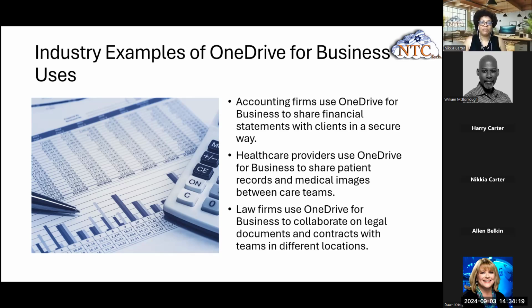So, the doctor might have those records in their specific OneDrive for Business or something that they're working on for that patient. And then when they're ready for other care teams to look at these things, they can share it from there. Law firms, they can use it to collaborate on legal documents and contracts that they may be working with, because a lot of law firms, they're big. They have a lot of different locations. Those folks are in different places, so they can use OneDrive for Business to share those documents.